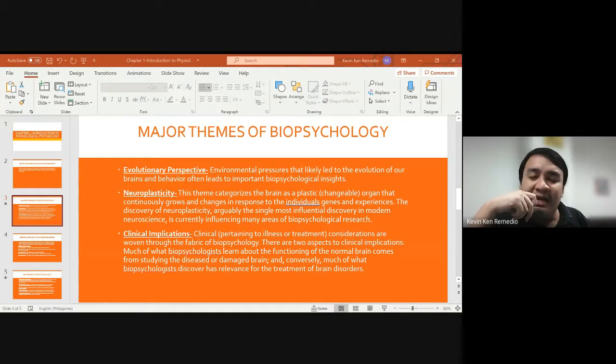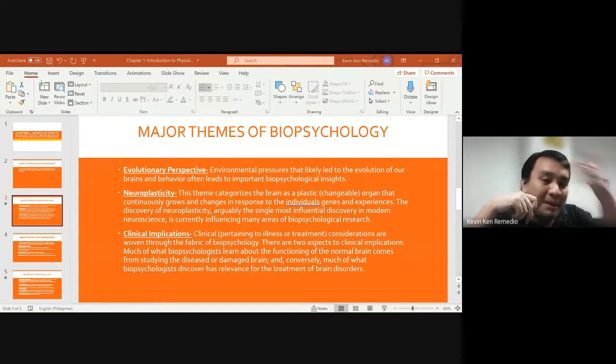Not plastic like the kind with a nice front but ugly back. Plastic meaning the brain is a changeable organ. Meaning the brain is an organ that grows and changes in response to our experiences and our genes.